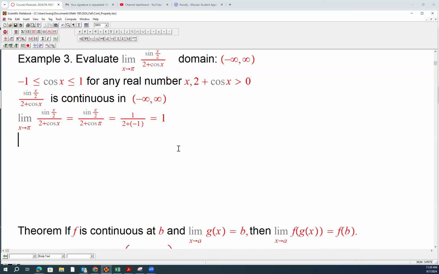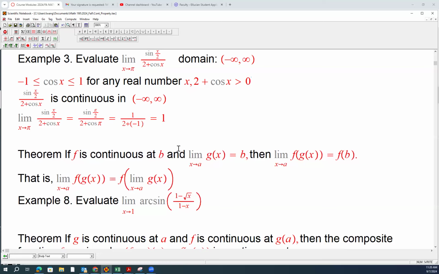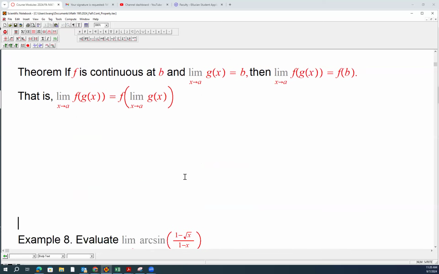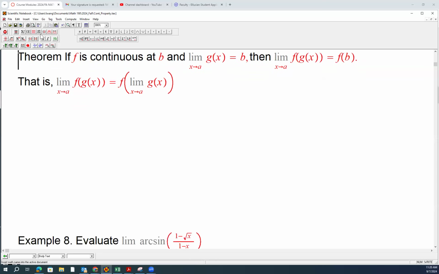That's all. Now the next one, we're going to look at this very interesting property that involves composition. Because here we actually see the composition. What about the continuity of functions that are in composition? So here we go.